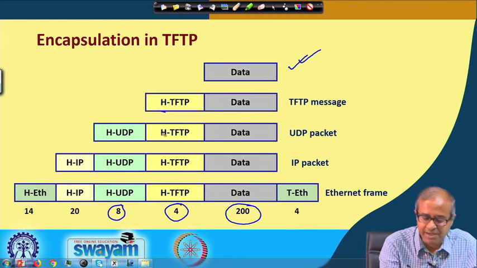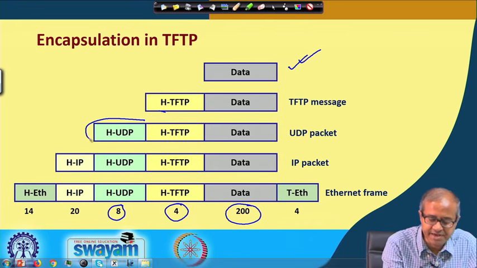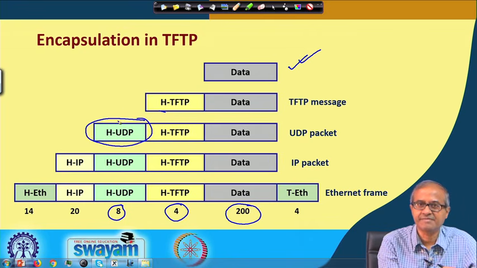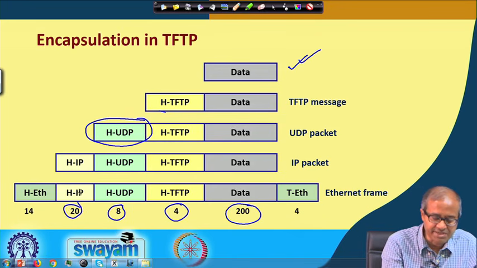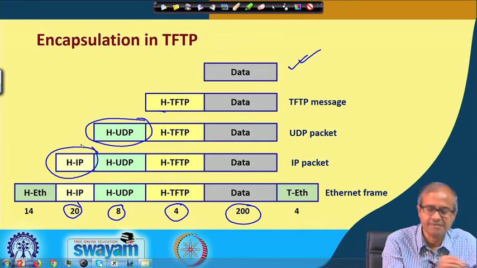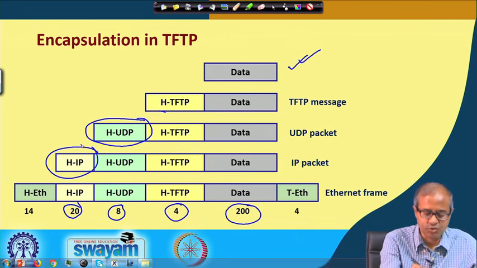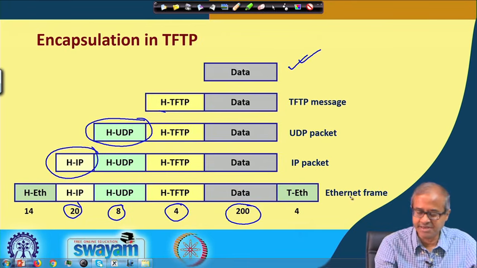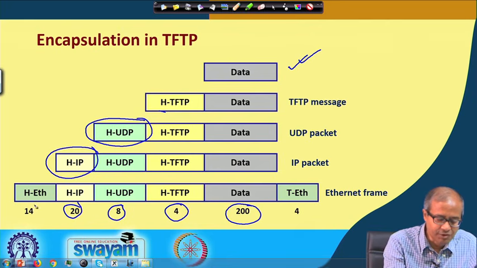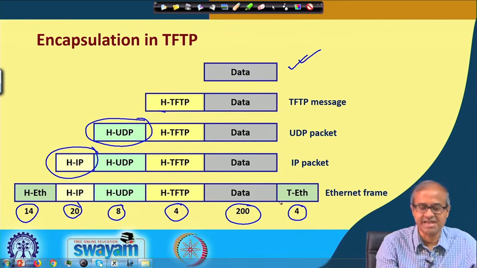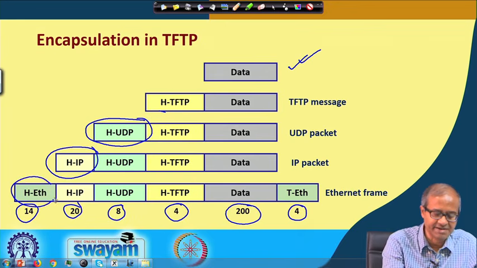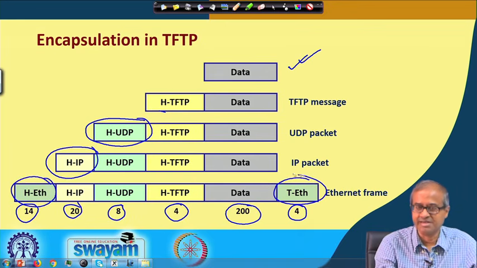So, at the UDP layer, 8 bytes of header get added. Then it comes to the IP layer. For the IP layer, 20 bytes of header get added, and at the lowest level, it is the Ethernet. At the Ethernet layer, 14 bytes of header and 4 bytes of trailer get added.